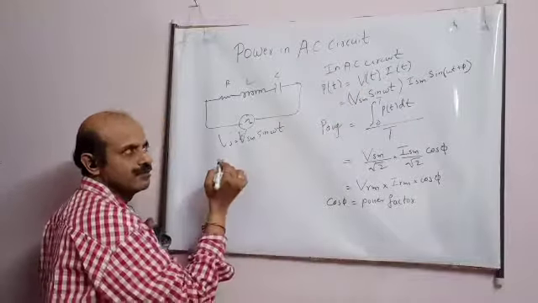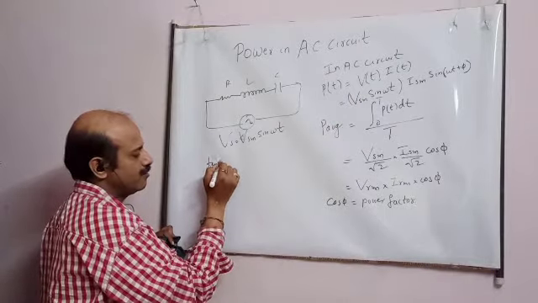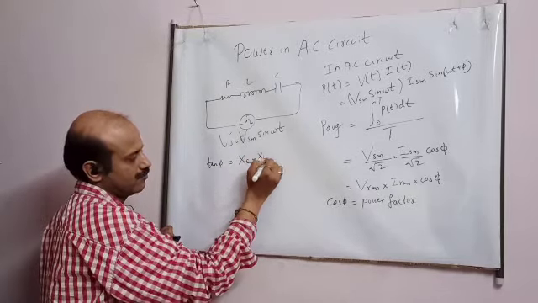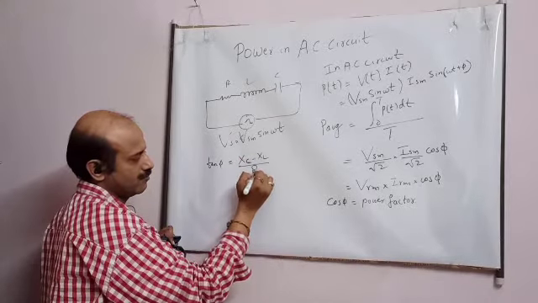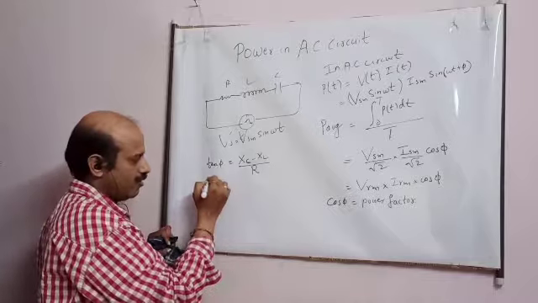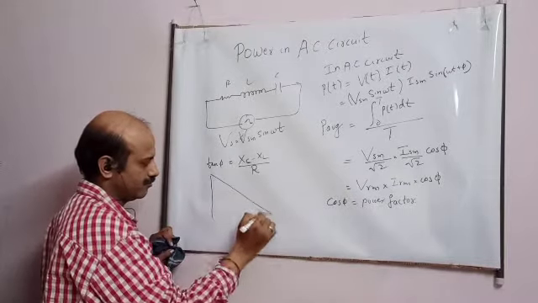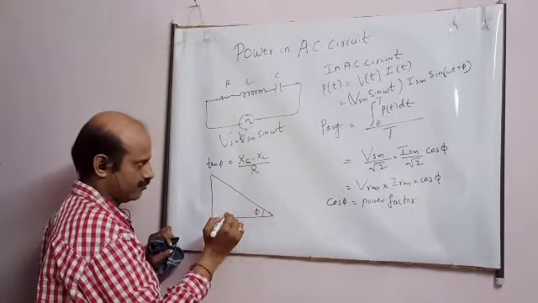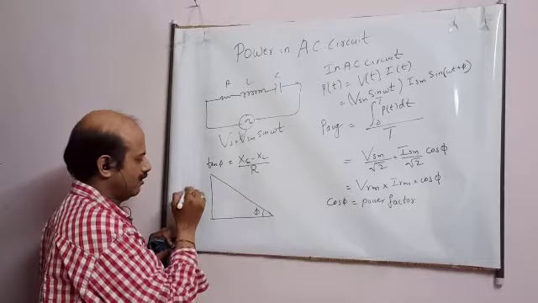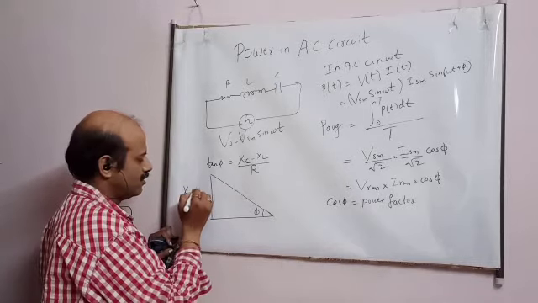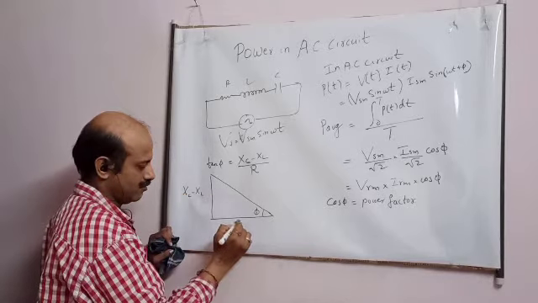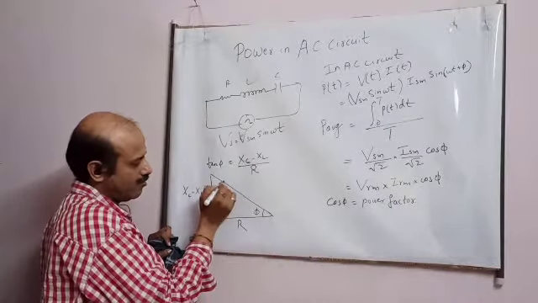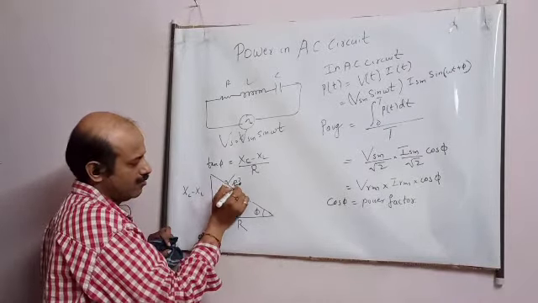Here the value of phi was given to be, so if I draw a triangle, student, this angle is phi, this is XC minus XL, then this quantity will come out to be under root.